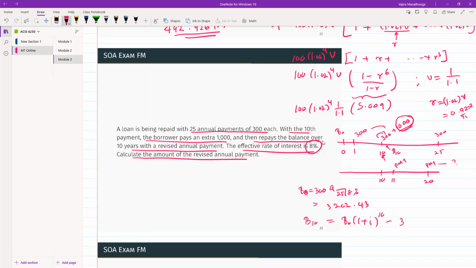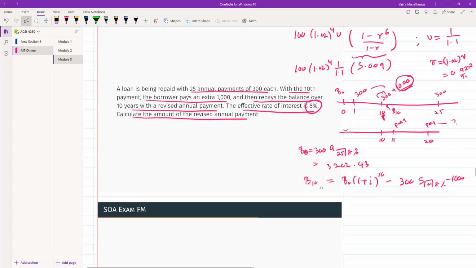So for 300 payments, those are going to be 300 S10 under the rate 8% minus 1000, okay? Because it's happened right here. So you don't have to multiply by anything. So let's see the B10. Rate is 1.08 to 10. Let's calculate this quantity.